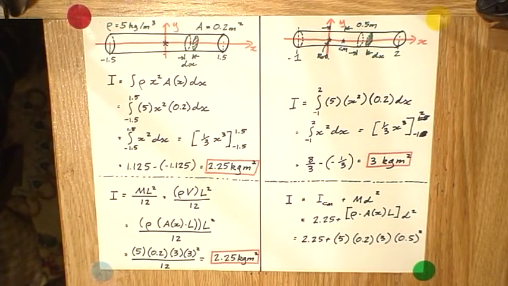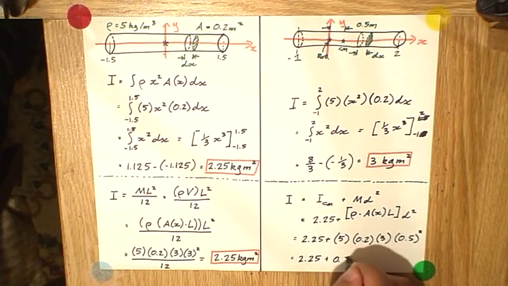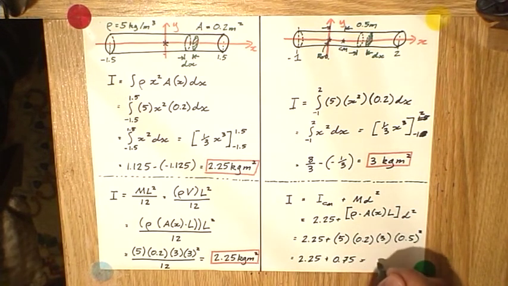So let's go ahead and work this out. 5 times 0.2 is going to cancel because that's just going to be equal to 1. So we're left with 0.5 squared is 0.25 times 3 is going to be 0.75, plus 2.25, which works out to 3 kilogram meters squared.